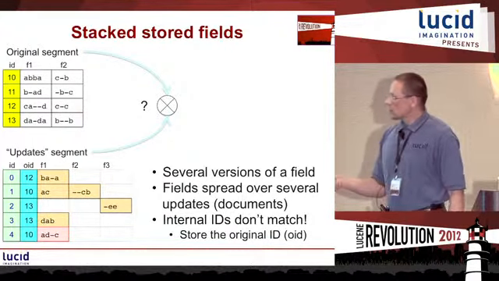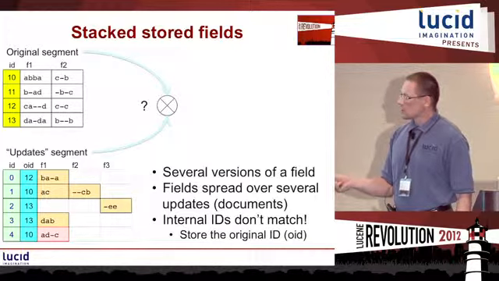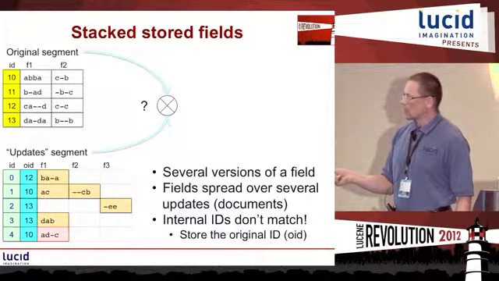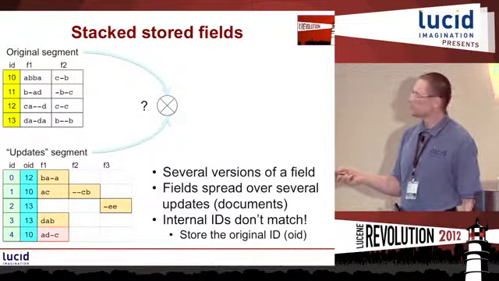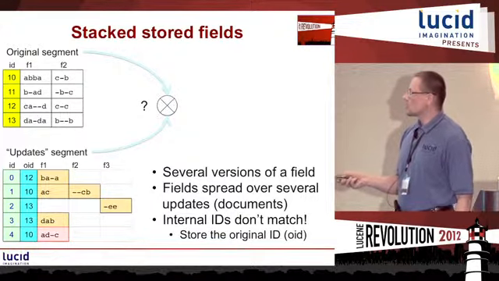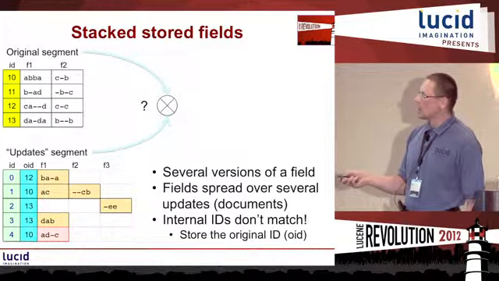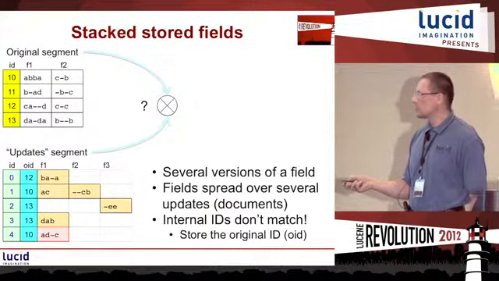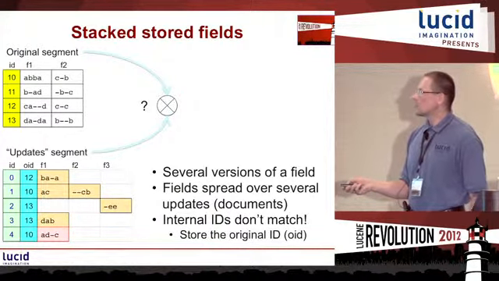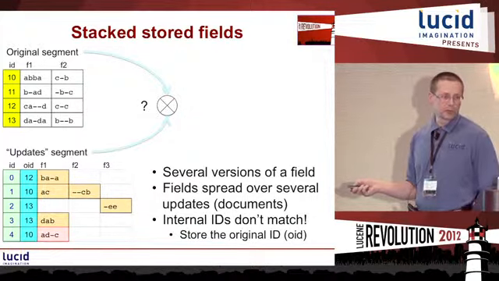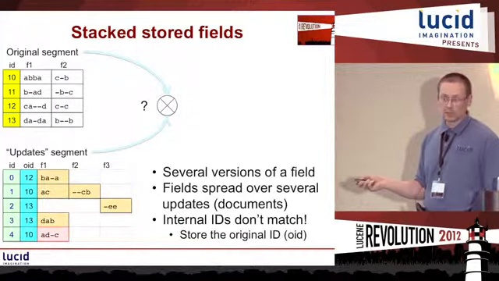And we stored an additional field that records the original ID of the document that the update refers to. And then we have new fields. So for document number 12, we modified field 1. For document number 10, we modified field 1 and 2. For document number 13, we actually added a new field that didn't exist before in this document.